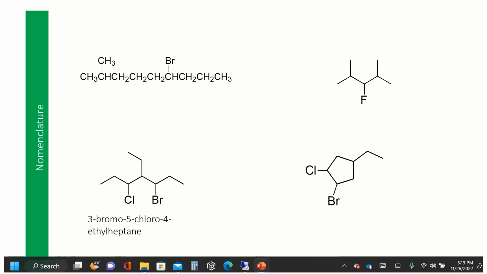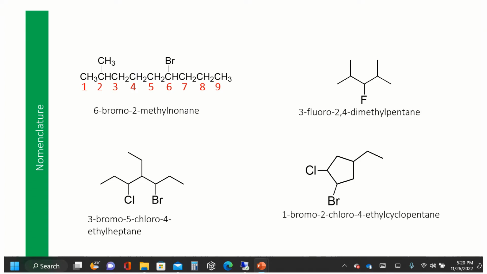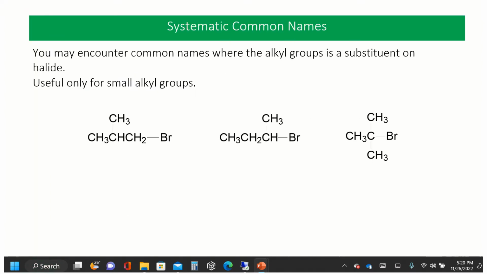Herein, you can also note that we have a 9-member chain. So this is a nonane, and it's decorated with a bromine on 5, and so on. We also encounter common names.